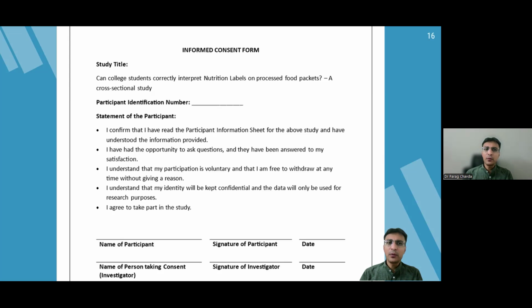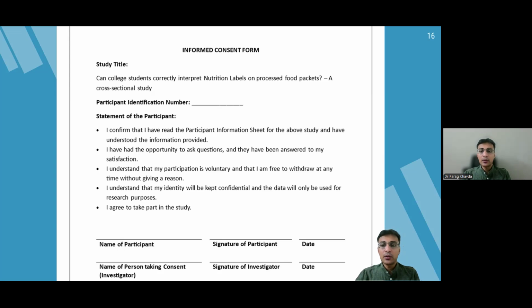The statement from the participants is that I confirm that I have read the participant information sheet and have understood the information provided, that I was given an opportunity to ask questions and clarify my doubts. I understand that the participation is voluntary and I am free to withdraw at any point in time. And I understand that my identity will be kept confidential and it can be used only for research purposes. And finally, the study participant says that I agree to take part in this study. So this is the informed consent form.